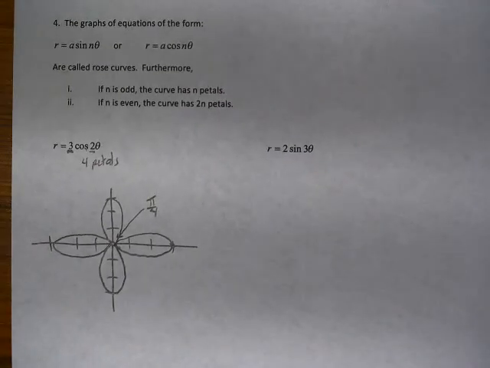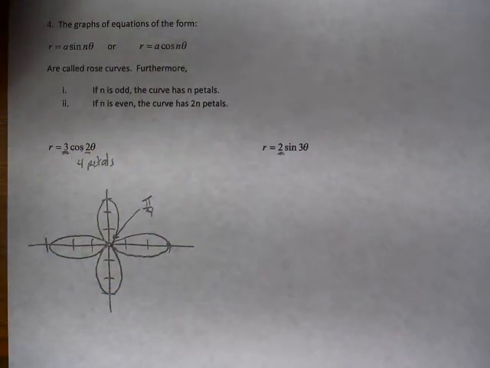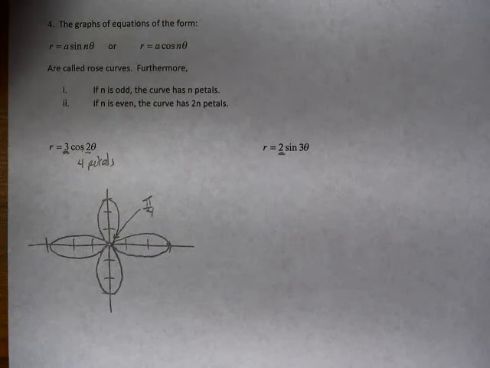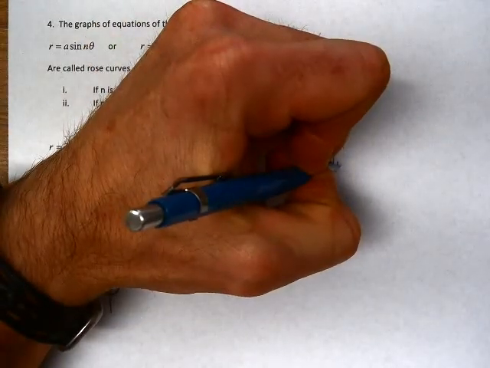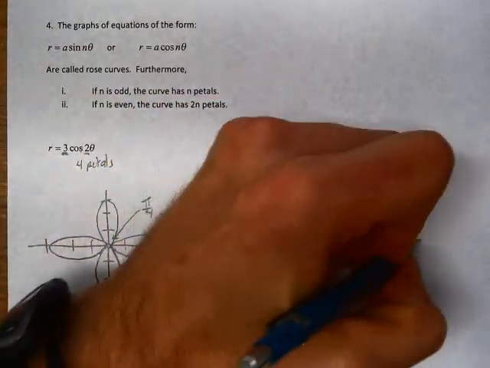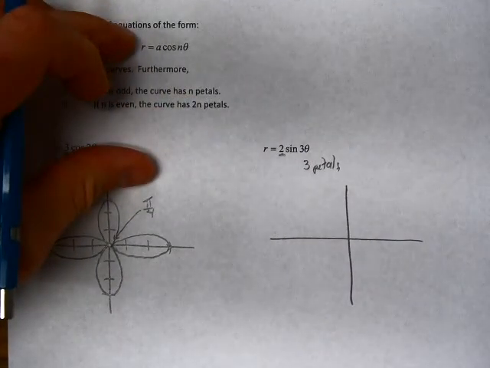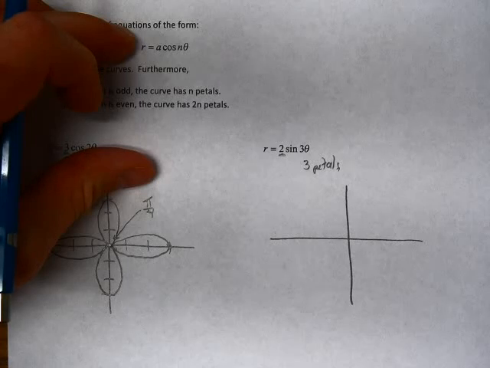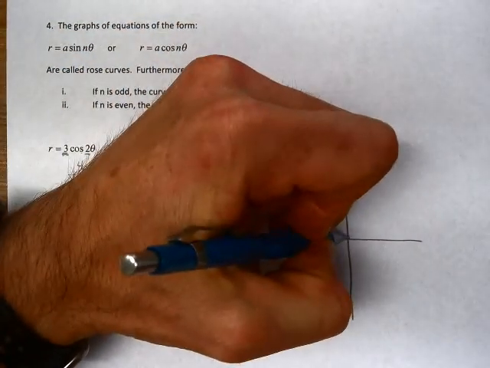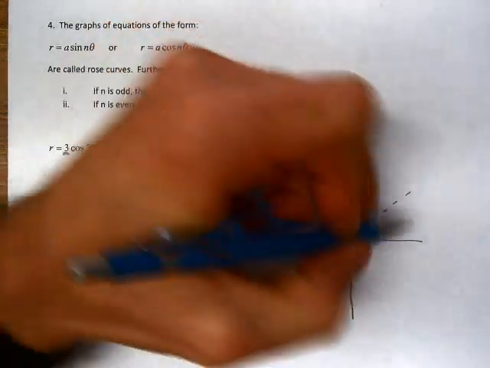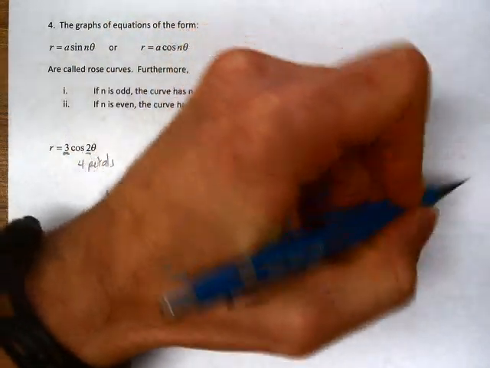If we look at 2 sine of 3 theta, our petals are going to be 2 units in length. We're going to have 3 petals, and they will be equally spaced as well. So in this case, we're going to have our first petal at pi over 6.